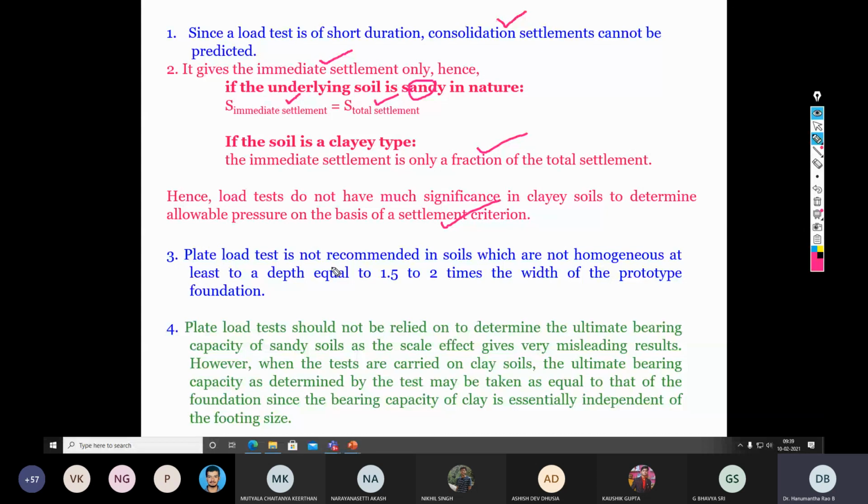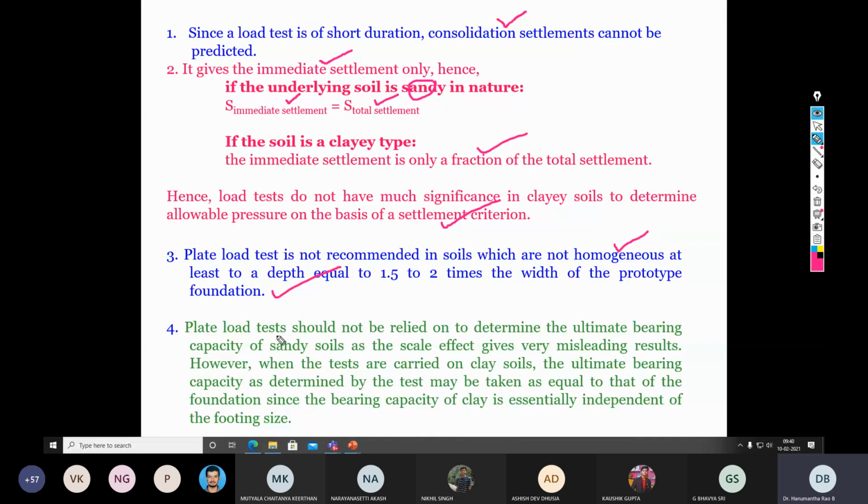So plate load test is not recommended in soils which are not homogeneous at least to a depth equal to 1.5 to 2 times the width of the prototype dimension. So if there is too much variation in the strata, then you should avoid conducting the plate load test on such soil. So this test is preferable only on homogeneous soil type.